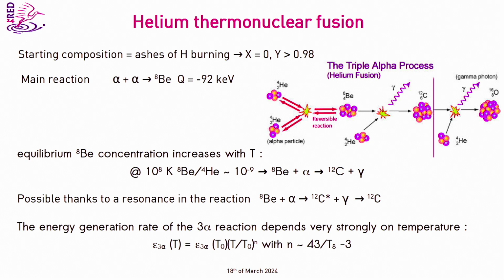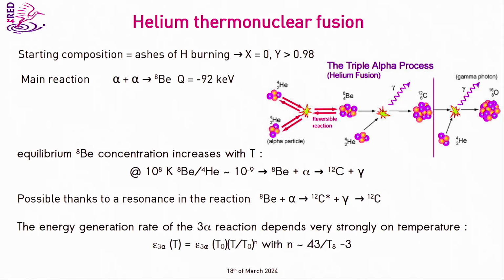But as you see, the Q value of the reaction, the energy produced by the reaction, is not produced, it's consumed. It's an endothermic reaction. So it doesn't stay there, and it's a reversible reaction. So you start doing this, but in the end, you never manage to go beyond the beryllium-8.